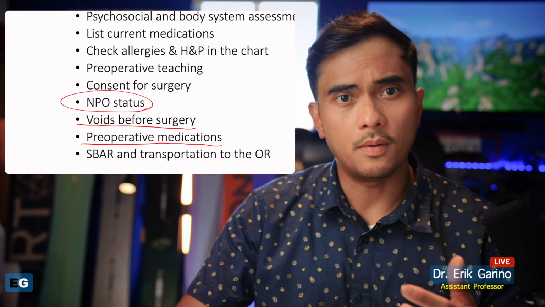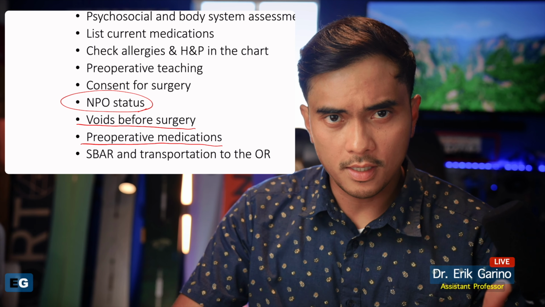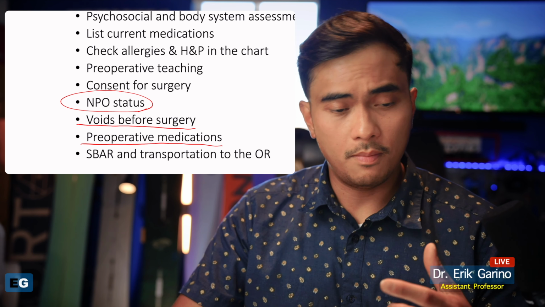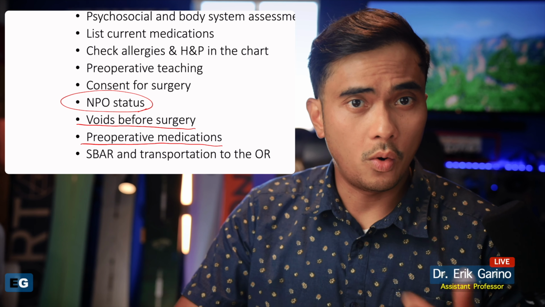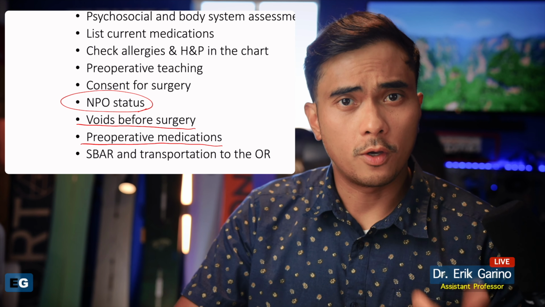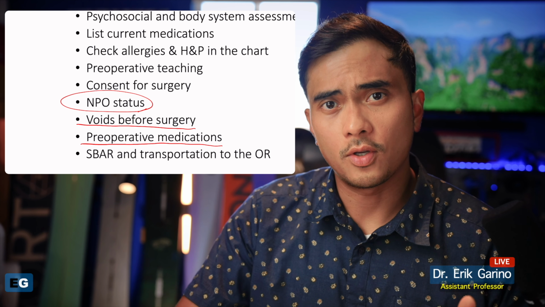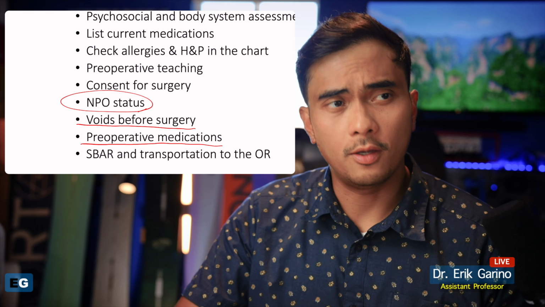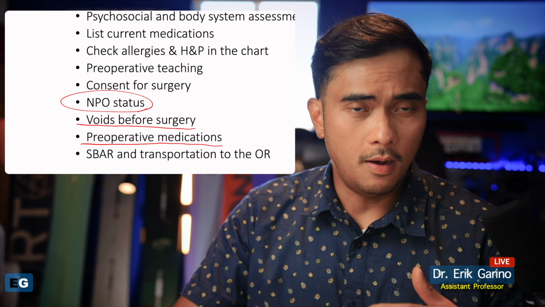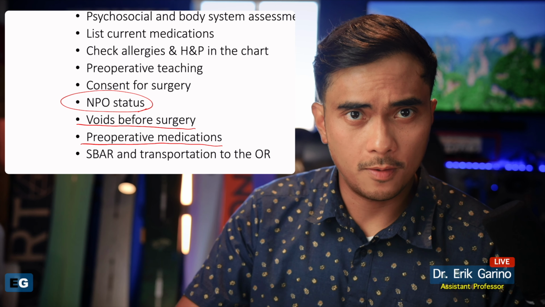Anticholinergics help reduce secretions. Opioids are administered to manage pain and lower anesthetic requirements during the procedure. We can also give them antiemetics, which help prevent or reduce nausea and vomiting. So those are the pre-op medications that you may administer.